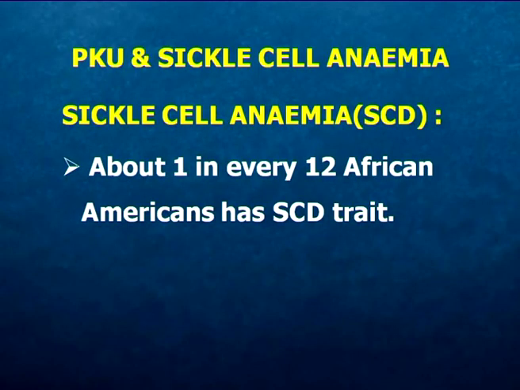So about 1 in every 12 African Americans has this sickle cell disease. About 1 in every 12 African Americans has sickle cell disease trait or sickle cell anemia trait.